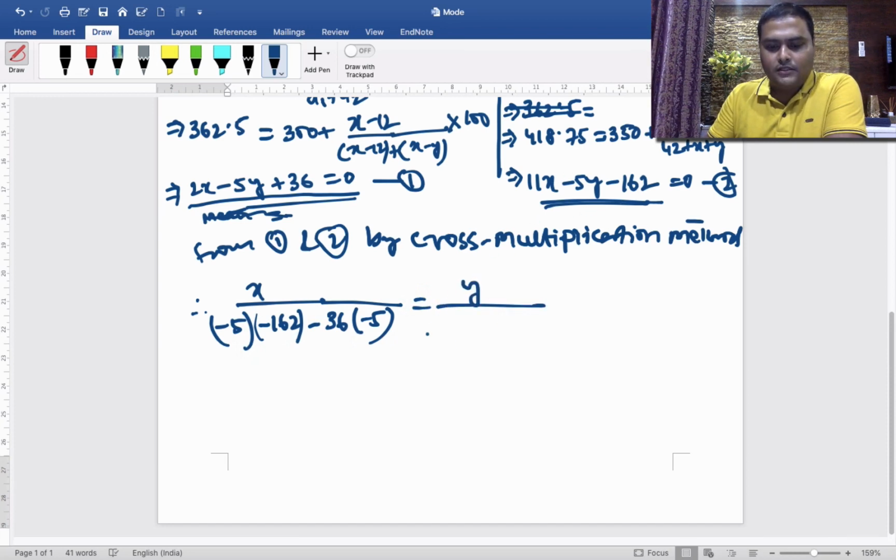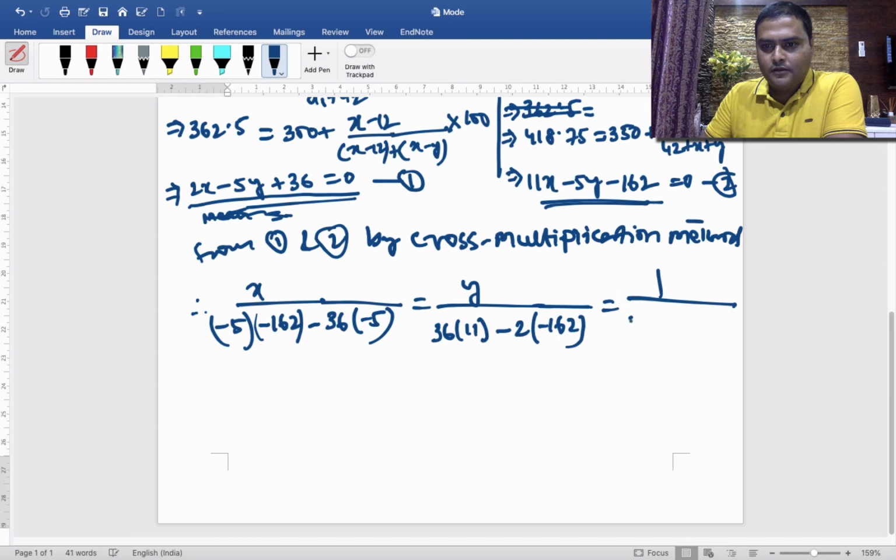So y gone, minus 162. Now this y and this y gone, so 2 into 36, so 36 into 11 minus 2 into minus 162, and finally 1 by 2 into minus 5 minus minus 5 into 11.